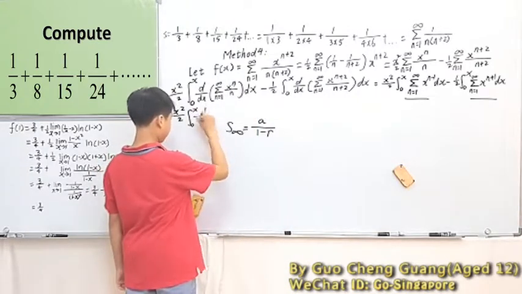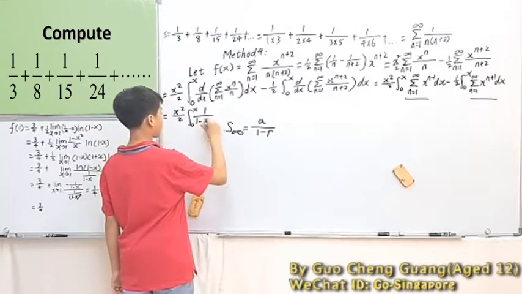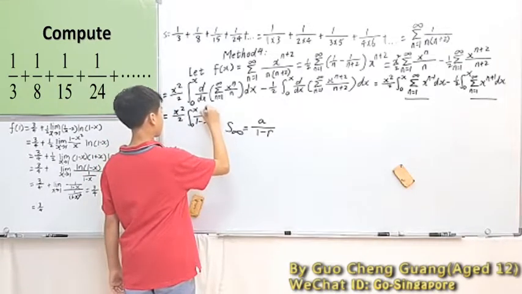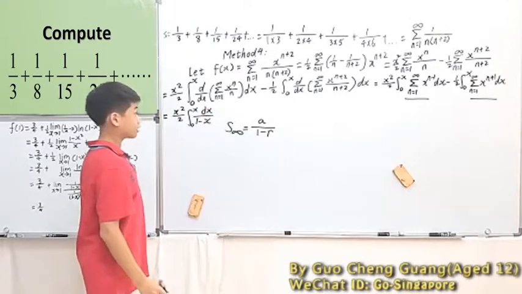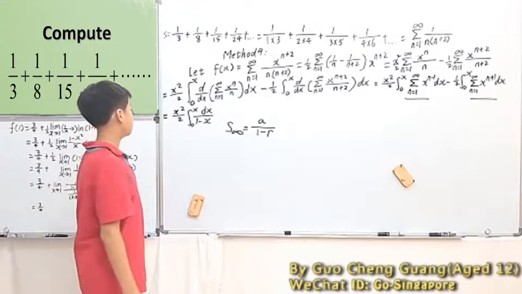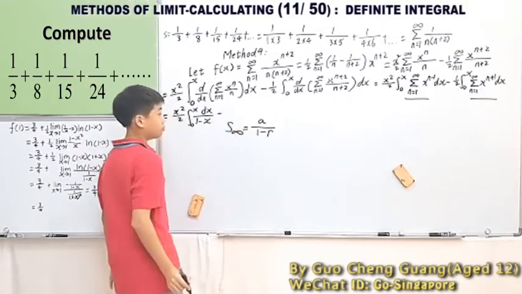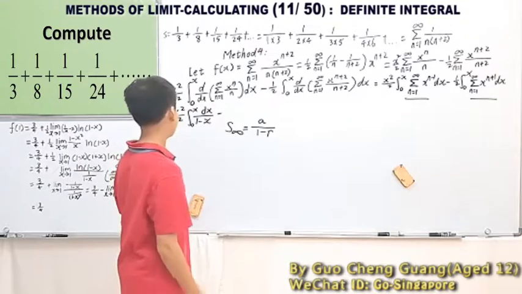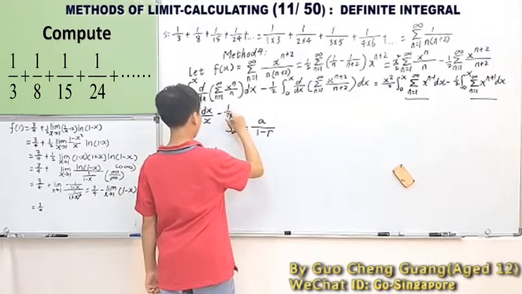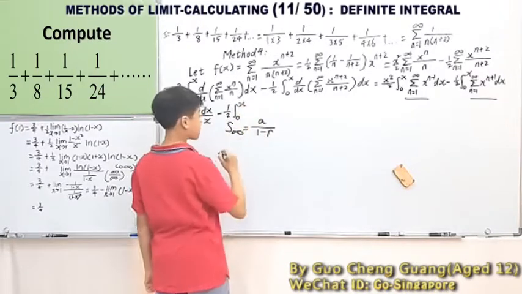So it becomes 1. 1 over 1 minus, the ratio is 1 minus x, then dx. Is it right? Okay, yes. Then you have to minus half, integrate 0 to x.